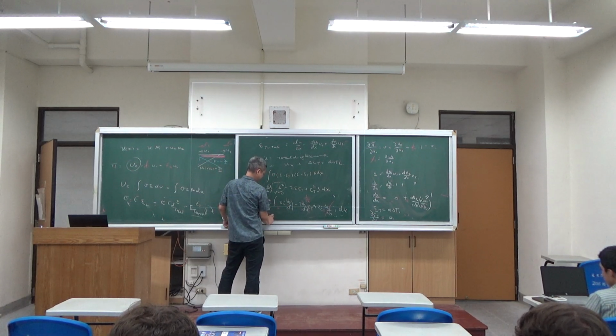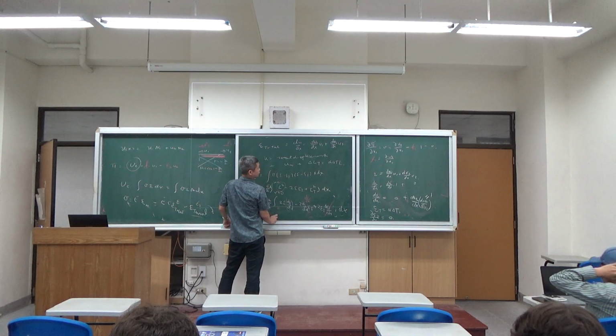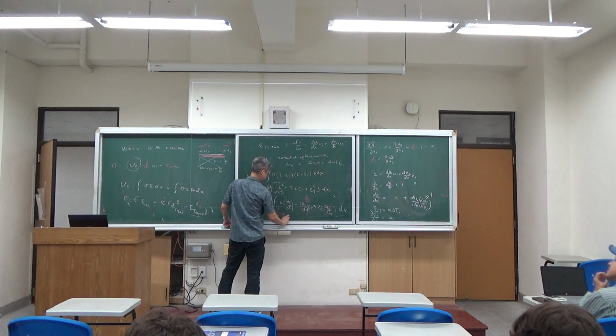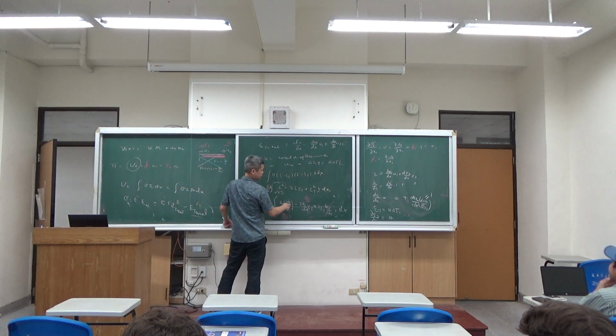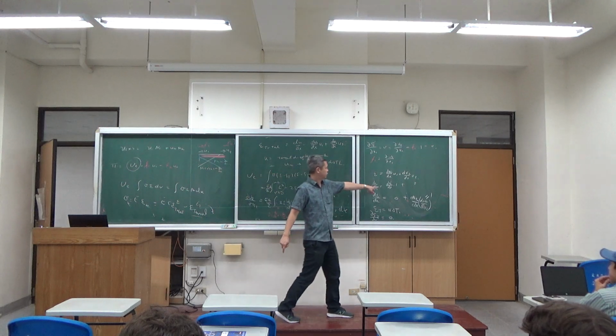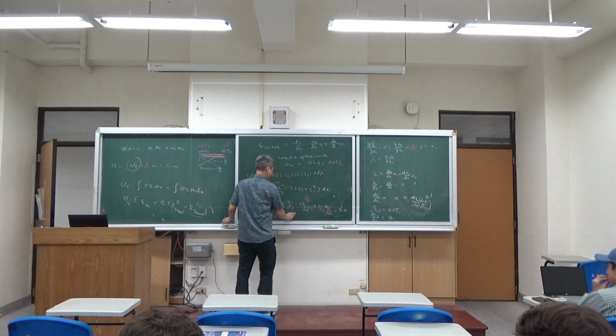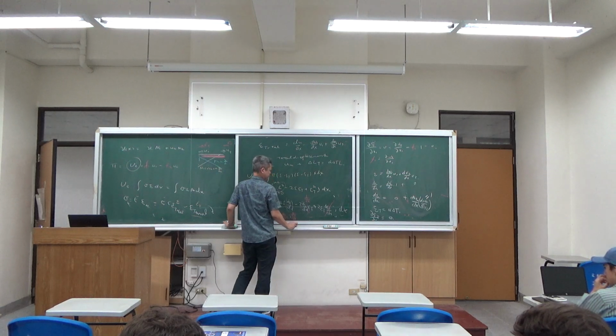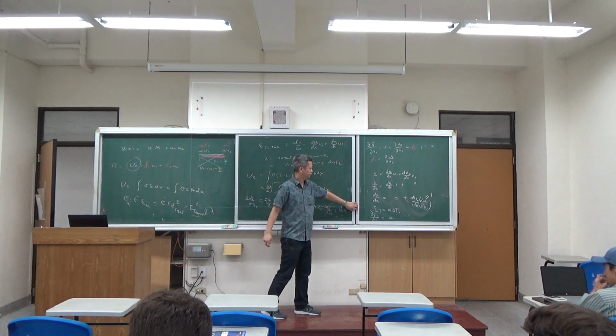It is 2 times dN1 dx u1 plus dN2 dx u2, times dNi dx.